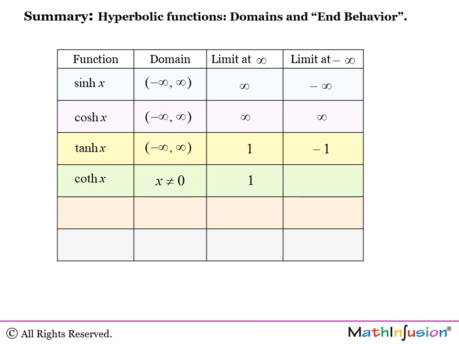This is the reciprocal of the one above it. This is the reciprocal of the cosine hyperbolic x. And this is the reciprocal of the sine hyperbolic x. We get that.